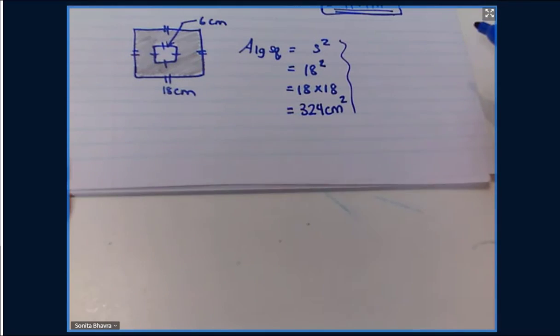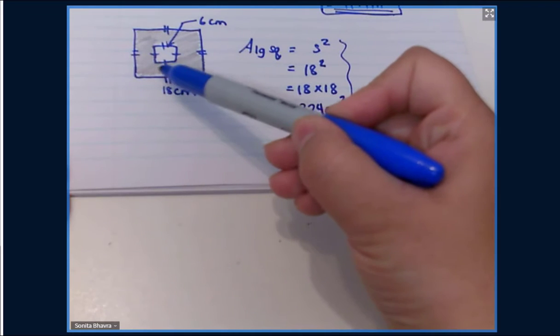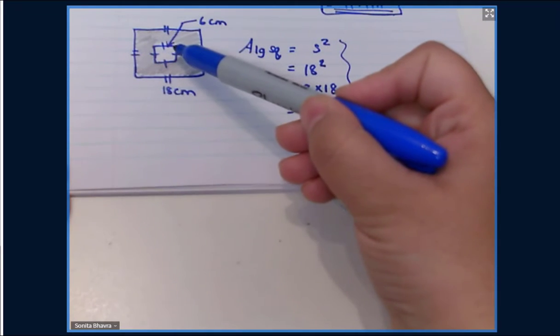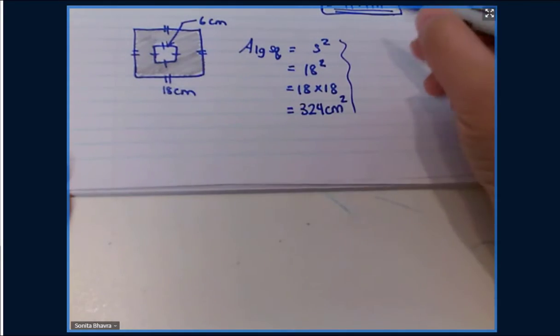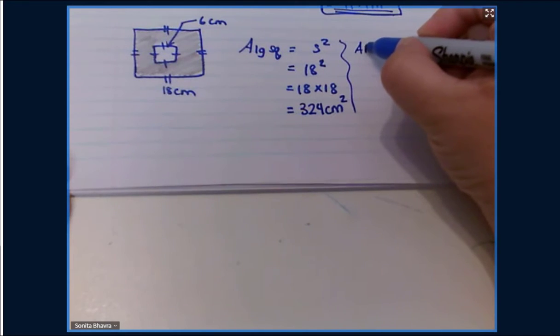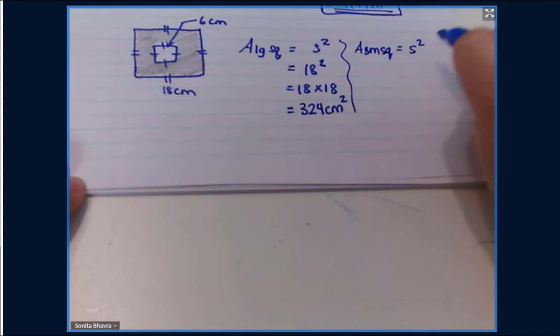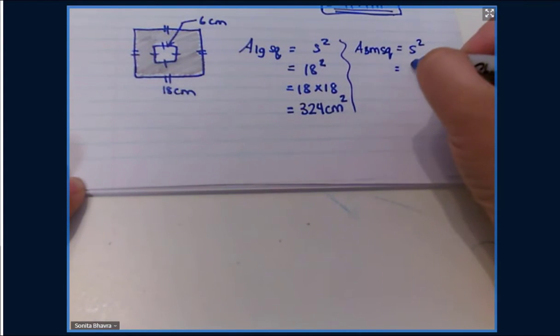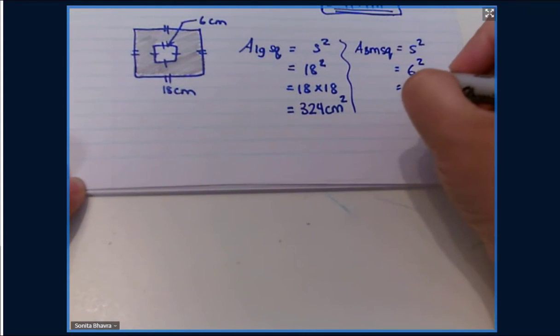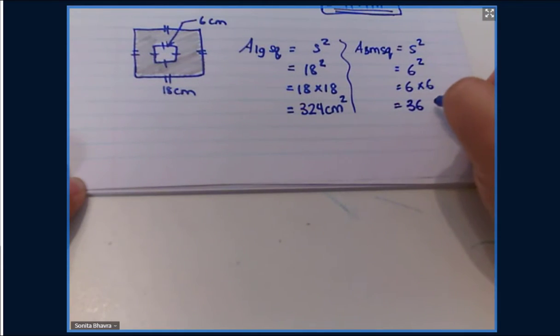And then we have the area of the smaller square, which is 6 centimeters for each side. So area of the small square is still side squared. The side is 6, so 6 squared, which is 6 times 6. So the area of the small square is 36 centimeters squared.